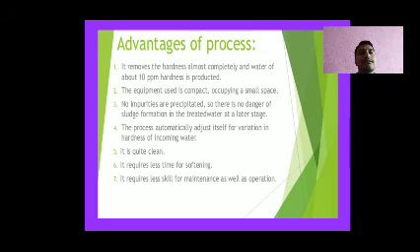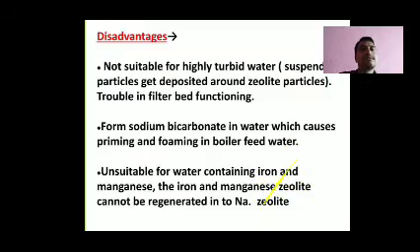The process automatically adjusts itself for variation in hardness of incoming water. It is quite clean. It requires less time for softening. It requires less skill for maintenance.